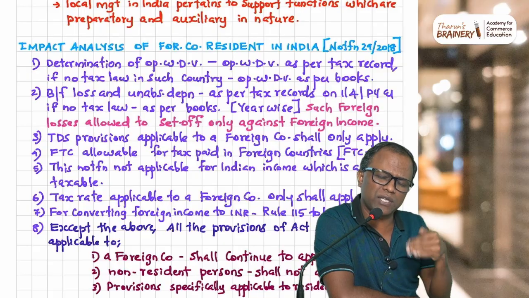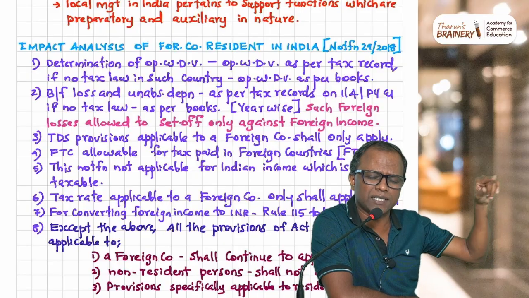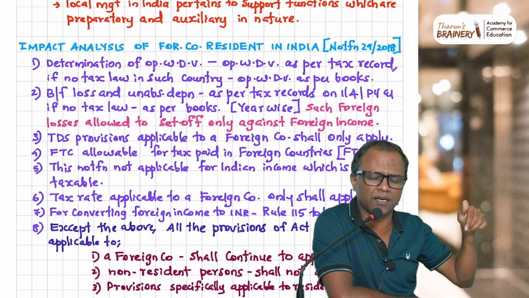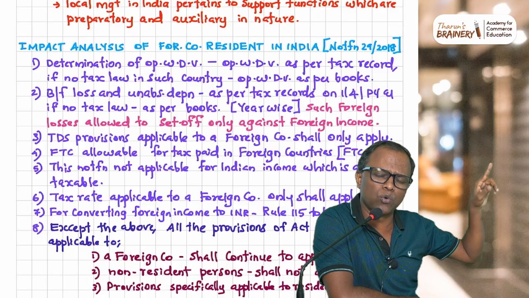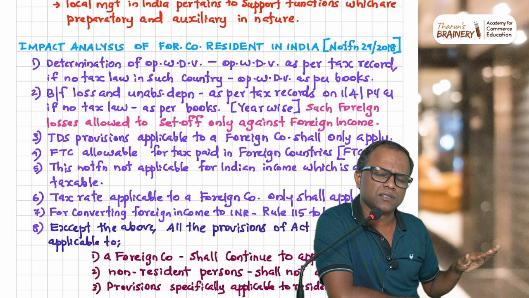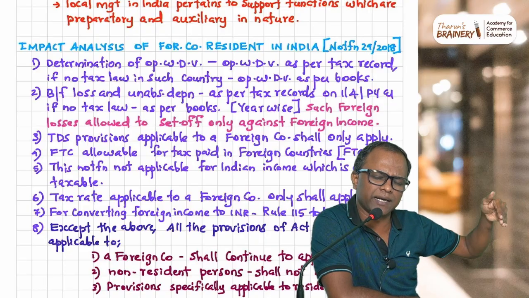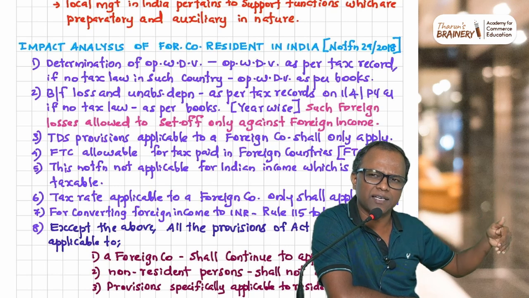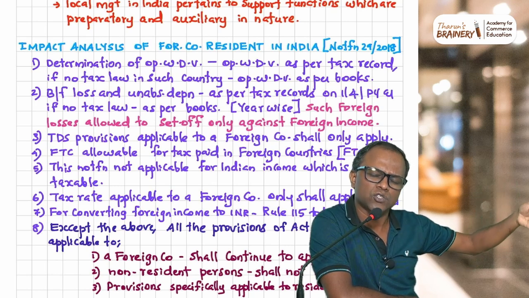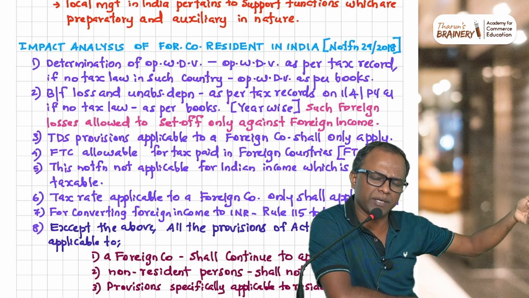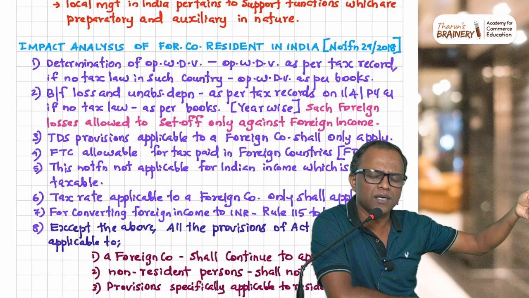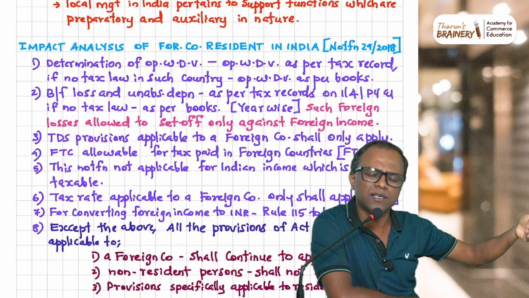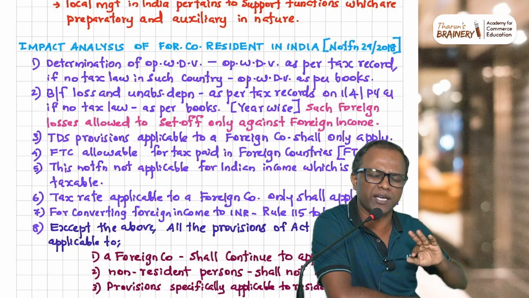So what will we do? Usually, for converting foreign income into INR, we have to apply Rule 115. So that rule should be applied. For PGBP income, take the last day of the previous year, 31st March 2025: what is the telegraphic transfer buying rate of the SBI? That rate should be applied. For house property income, the last day of the previous year, the telegraphic transfer buying rate of SBI notified should be applied to convert into INR.